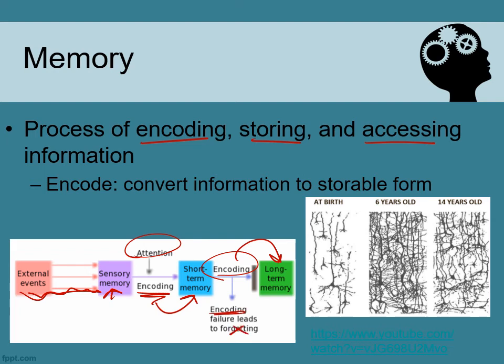Our ability to convert this information to storable form is sometimes dependent upon our neural pruning. And so at birth, not a whole lot of neurons here. We don't remember a lot of things from when we were very little. We remember more from being 6 years old, but we don't remember everything, and maybe it's because there's too many neurons here.